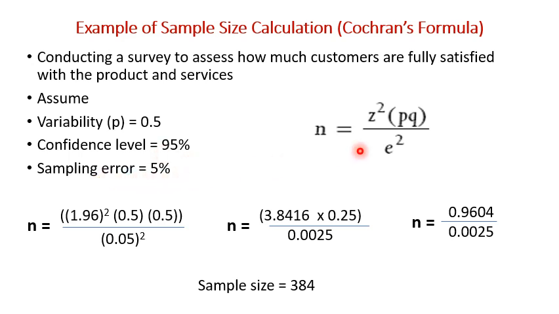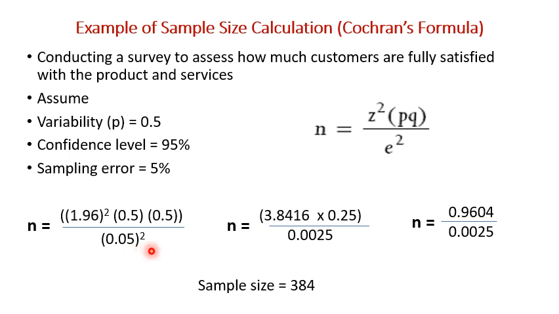The formula is n = Z² pq / e². The confidence level of 95% gives us a Z value of 1.96. So 1.96 squared into p, where p is 0.5 variability, then q is 1 minus p, 1 minus 0.5, that is also 0.5, divided by the sampling error of 5%, that is 0.05.